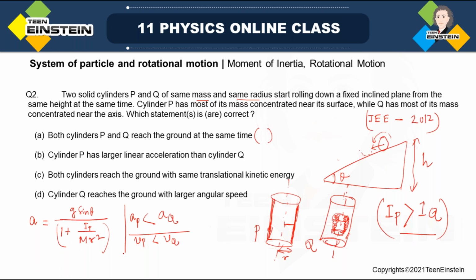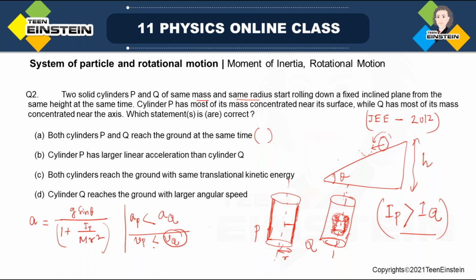If the linear acceleration is less for the P cylinder, then for the Q cylinder the velocity is greater. Since the acceleration is greater in case of Q, the linear velocity also will be greater with respect to Vp.